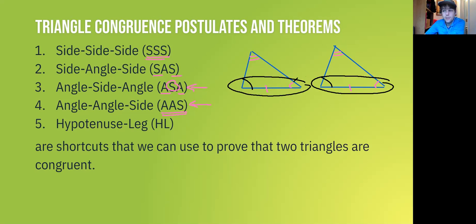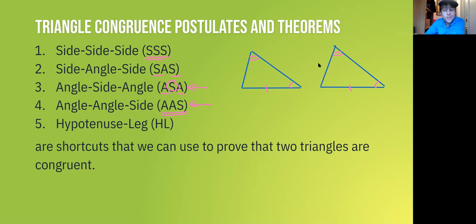So anytime you have one, you could use the other. But why do the extra steps? If you're given this information, or you can show this really easily, just use AAS. Or if you're given the other information, just use ASA. Whatever is easier.